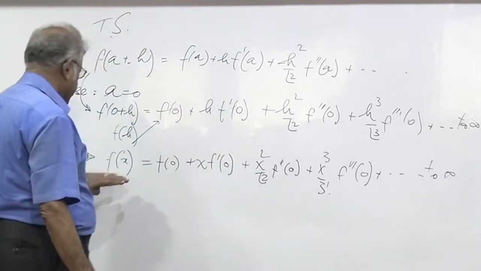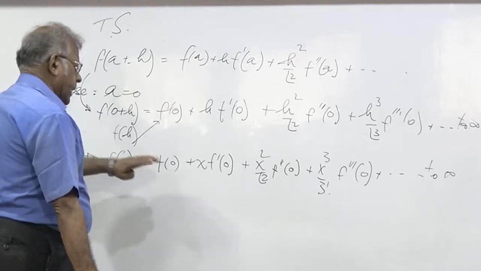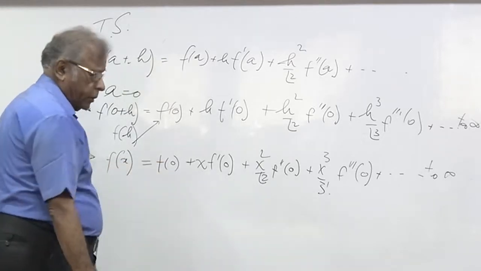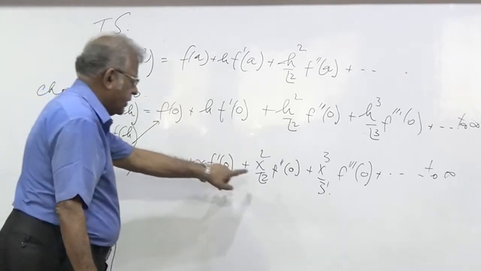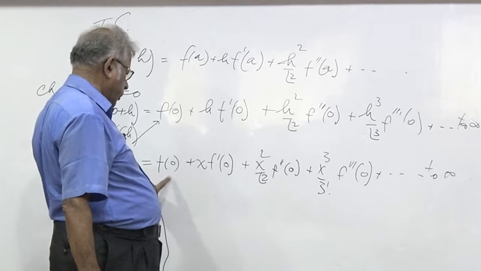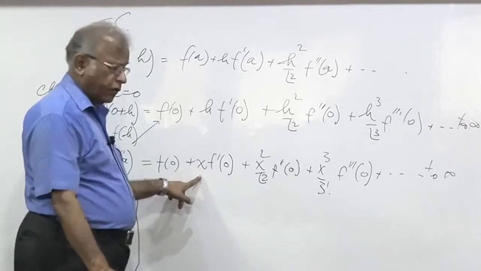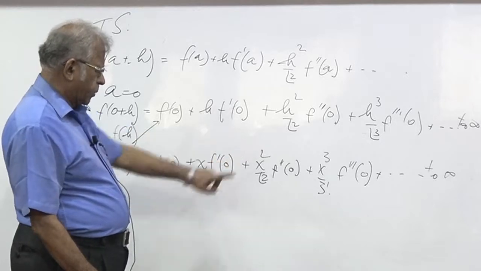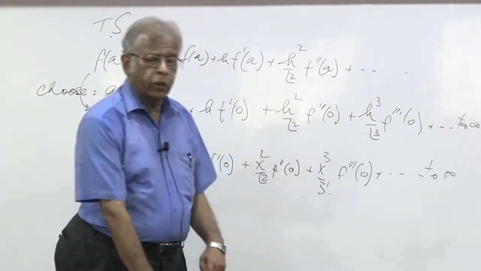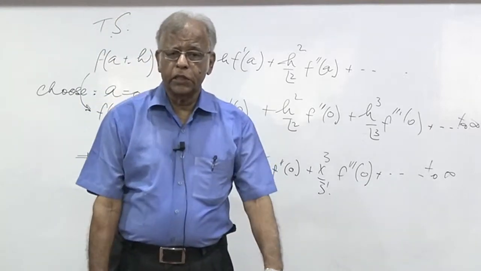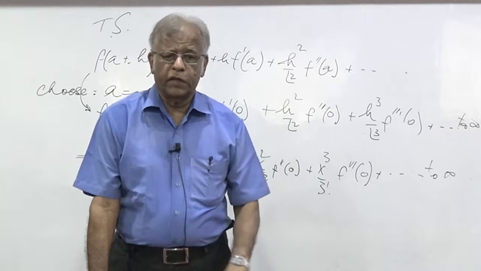So this particular series, which gives f(x) as a power series, we will see very clearly that the powers of x successively increase. This is x to the power of 0, f naught x to the power of 0. This is x to the power of 1. The next term is x to the power of 2. The next term is x to the power of 3, and so on. So we call this Maclaurin series a power series expansion for a function f(x).